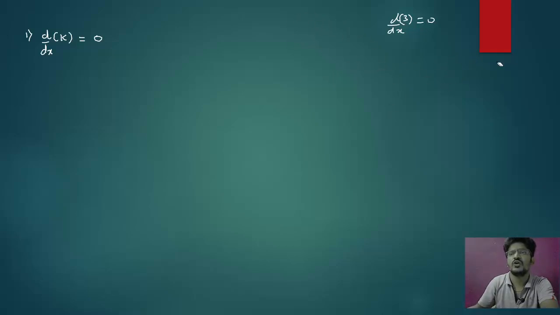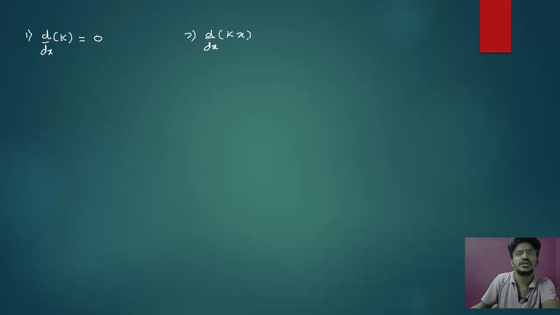Now I will remove these things and go for the next. See here what happens. The second one is the differentiation of a constant term into x. That means here you have k into x. Clear? So now what we have to do is take the constant term outside and differentiate x.